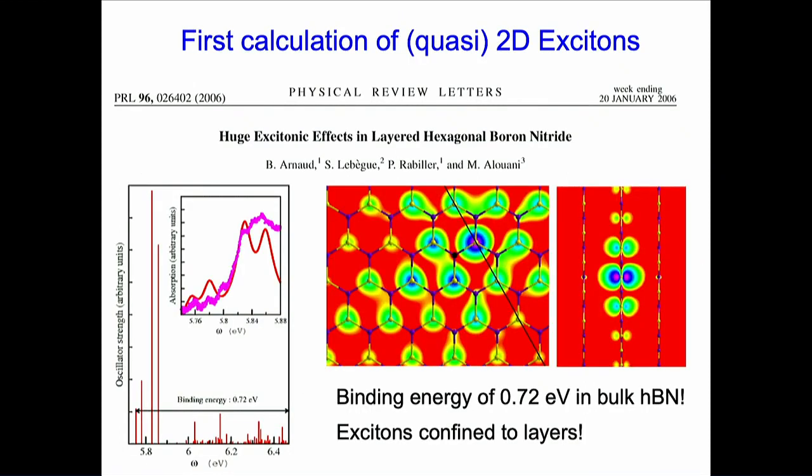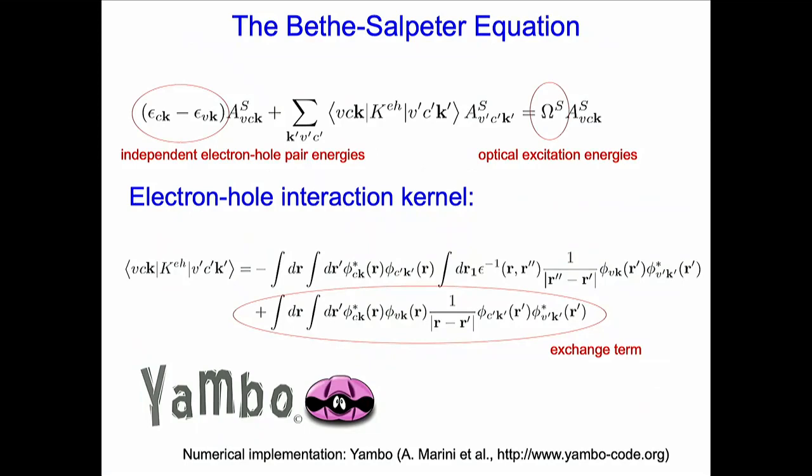So I will not repeat this, just reminding you that we are solving for the optical excitation energies, which can then be seen as a superposition of many different electron-hole pair transitions, and they are mixed by the excitonic eigenvectors A, V, C, K, and labeled with the exciton index S.